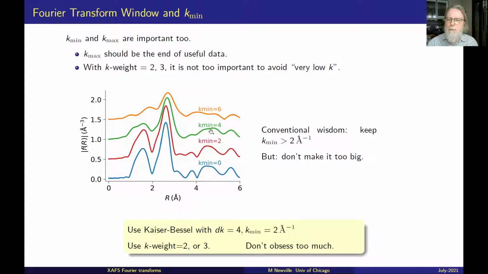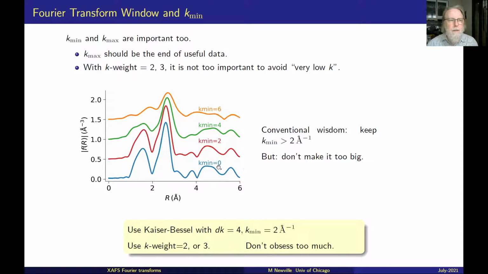But if I go to k-min of 4 or 6, that oxygen peak here is really changing and being suppressed. And again, that's because oxygen scatters at low k much more than iron does, and doesn't scatter at high k, say above k of 10 or so. There's hardly any iron oxygen scattering. So again, using a k-min of about 2 or 3 is probably a good idea.